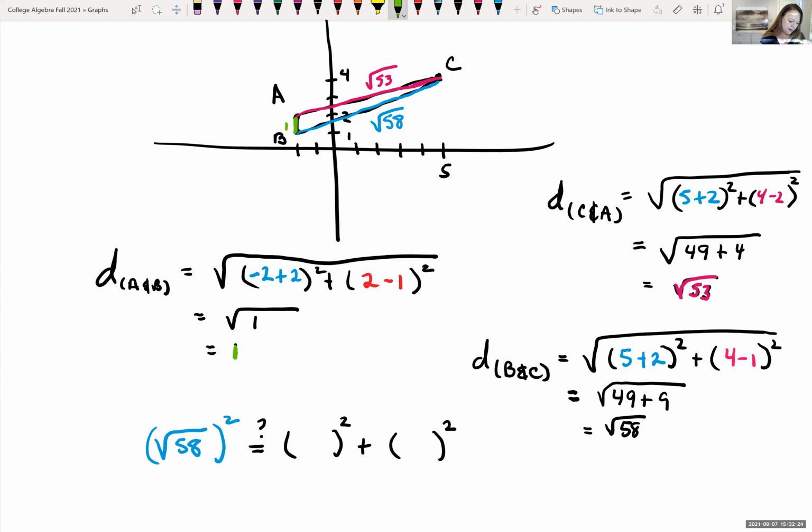So if we square 1 and we square the square root of 53. Well, square root of 58 squared is just 58. Is this equal to 1 squared is 1 plus the square root of 53 squared is 53? And I can see right now that 58 does not equal 1 plus 53. And so this is false.